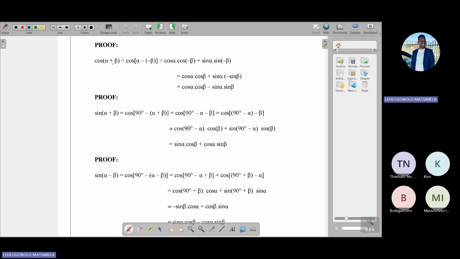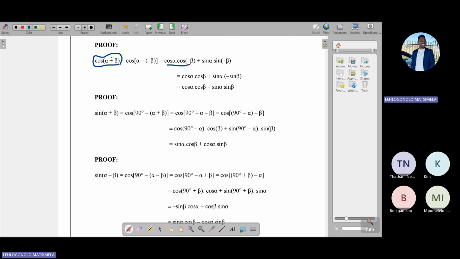We are having cos of angle A plus angle B. This A is alpha, this B is beta. If we cannot figure out the answer, we must remember to express it. When we add the two angles, cos of two different angles, the signs are changing. How are the signs changing?